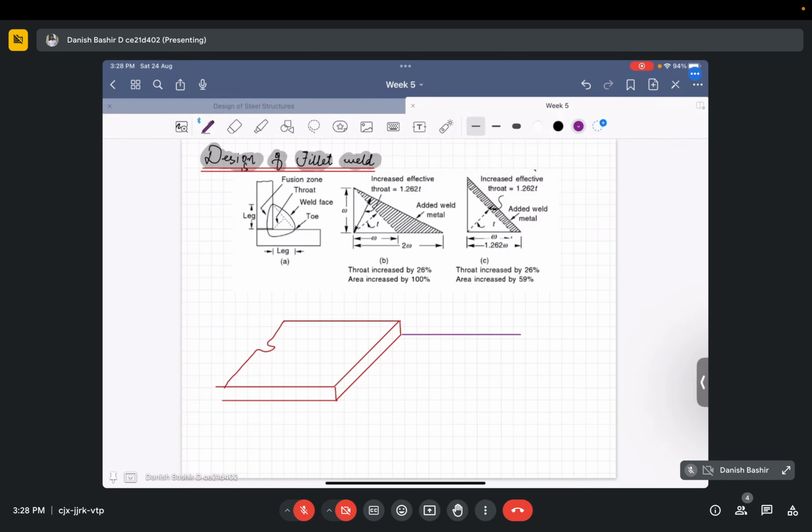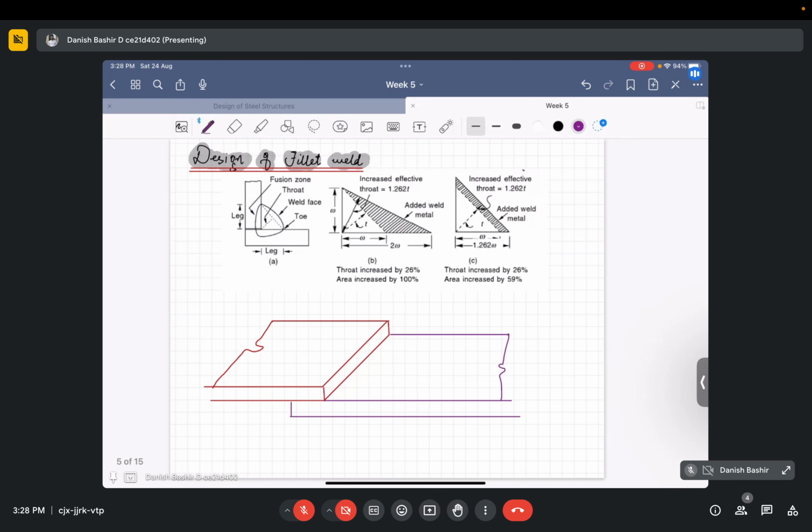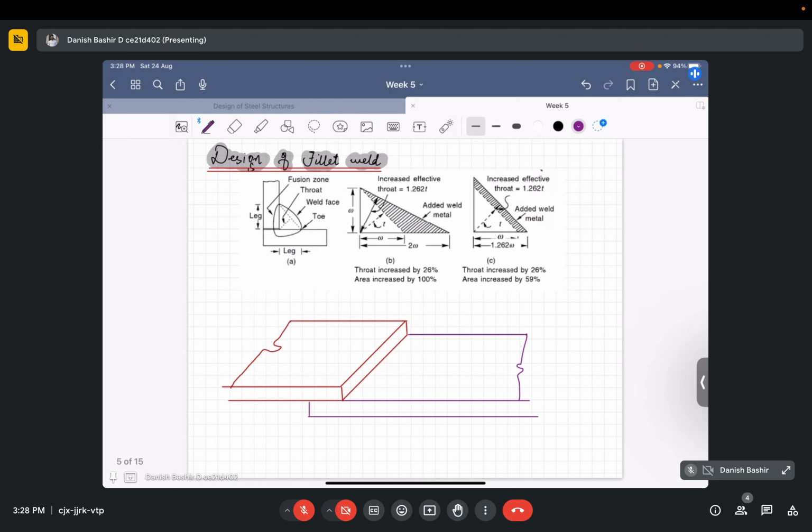Okay, there is an overlap like this, and this is also connected from this side. So I can make this.